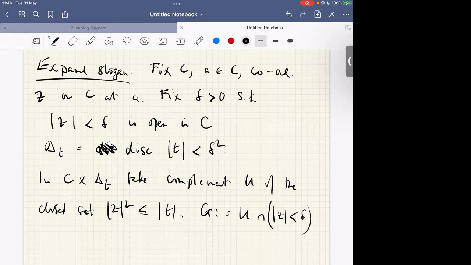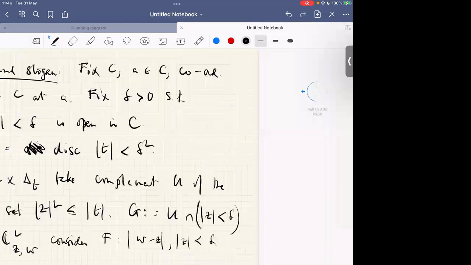And then in the complex plane with coordinates Z and W, we'll consider the region F defined by the inequalities that W minus Z and Z both have absolute value at most delta.